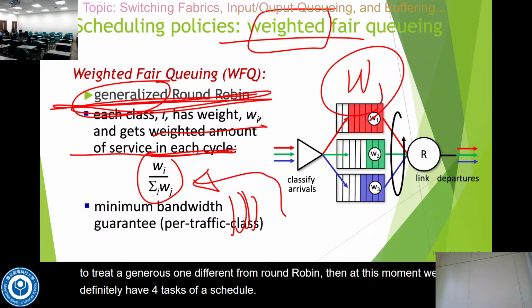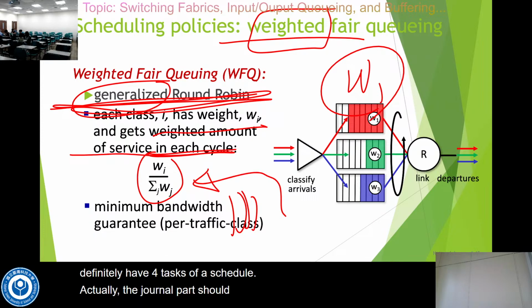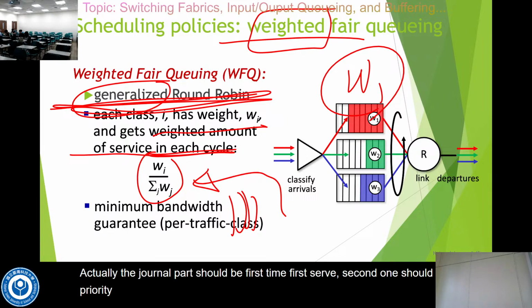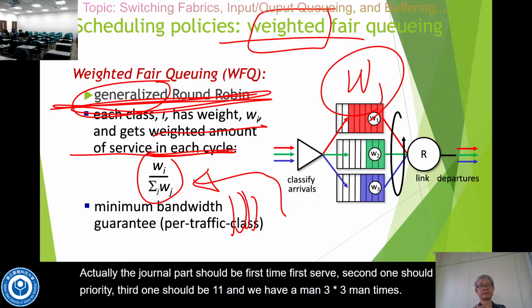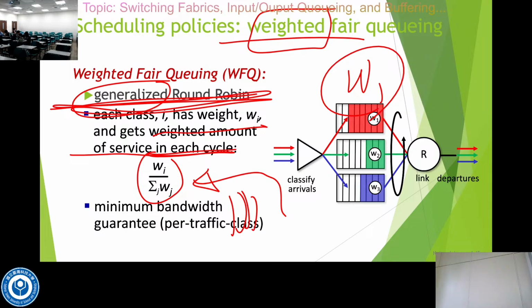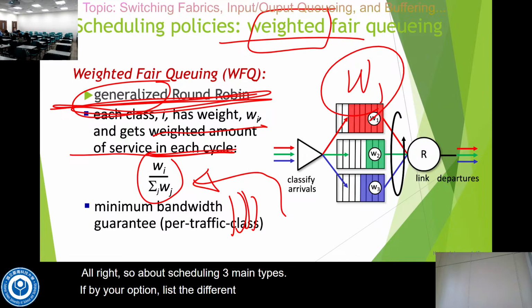The general types are first come first serve, second priority, third round robin, and we have three main types. If you want to list the different one, actually we already have 4 types of scheduling.